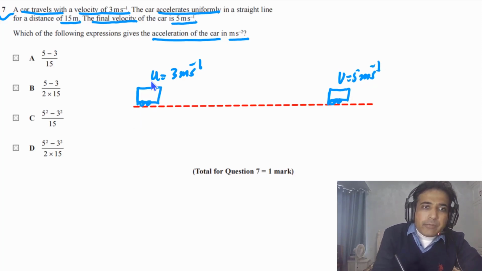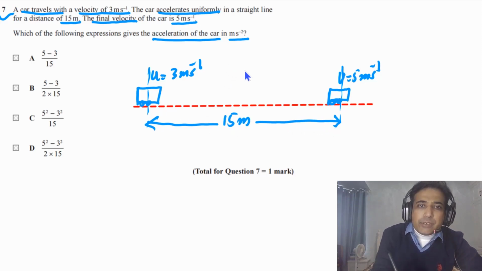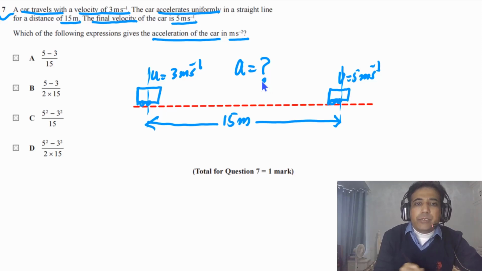The distance traveled by the car is given, so we can also write down the distance traveled: 15 meters. We need to calculate the value of acceleration.